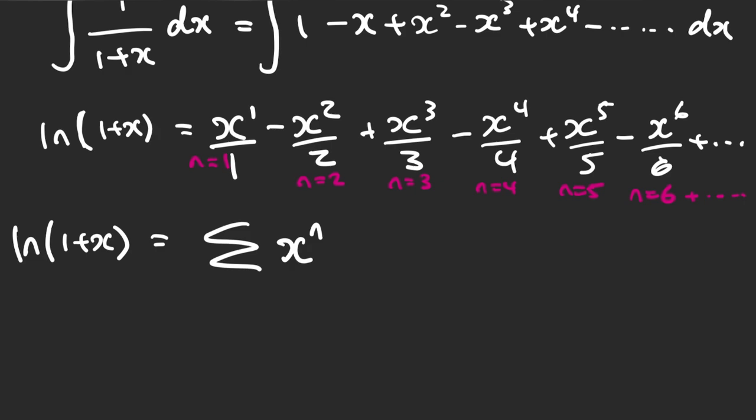And how are we going to get these numbers on the bottom here? I don't know if you can see, those are just the values of n. So when n is equal to 1, we're dividing by 1. When n is equal to 2, we're dividing by 2. And when n is equal to 3, we're dividing by 3. So we're going to be dividing by n. And this is when n starts from 1 and goes all the way up to infinity.